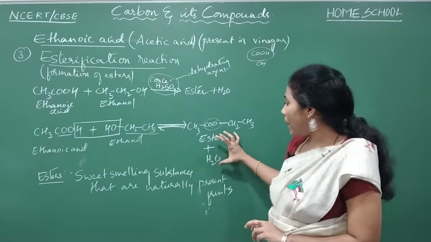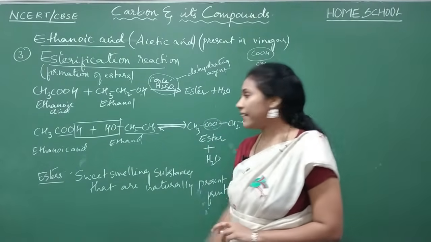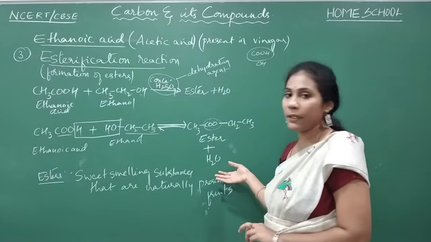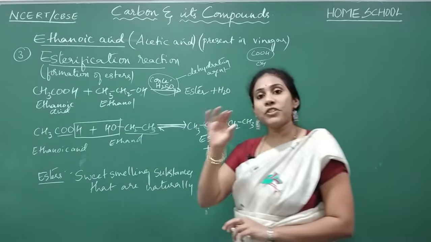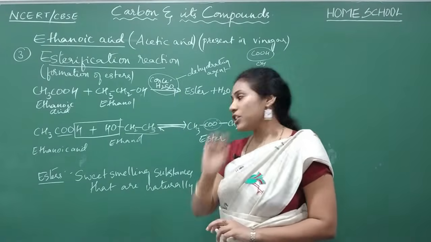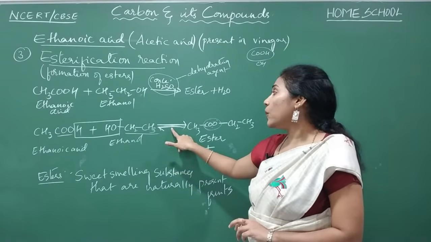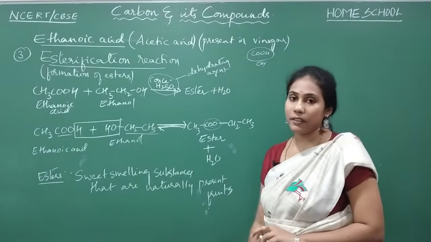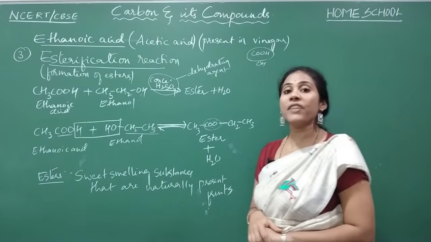Reactants when they react, products can be obtained. Products when they react, reactants can be obtained. Such reactions we call reversible reactions, and we denote them with this particular arrow mark. Okay, so this is about esterification reaction.